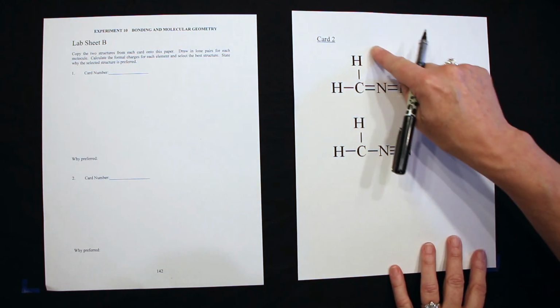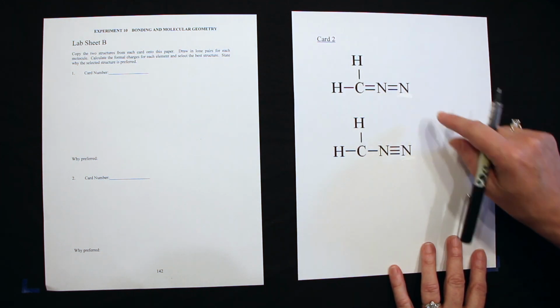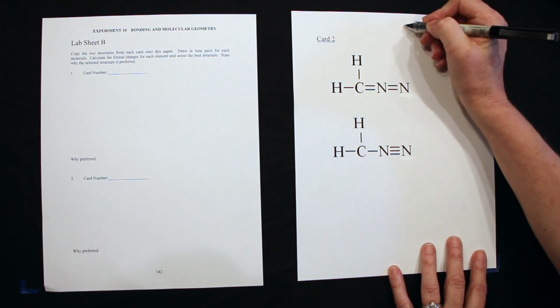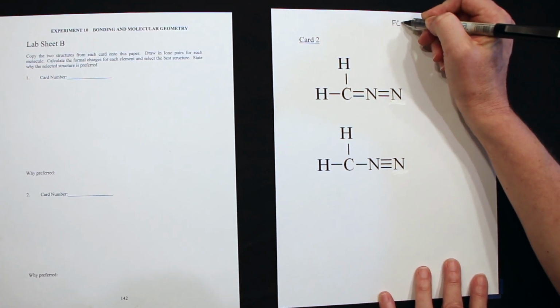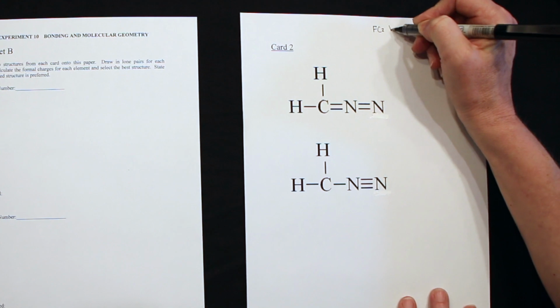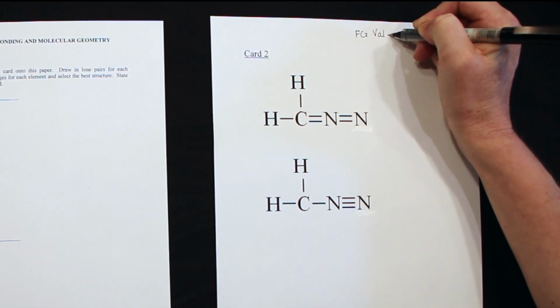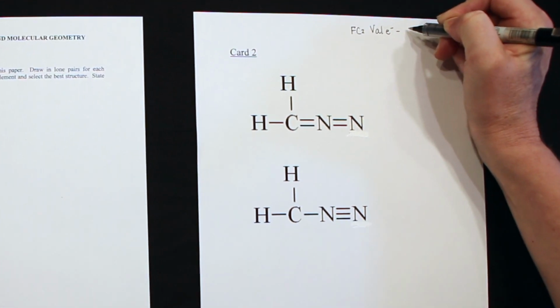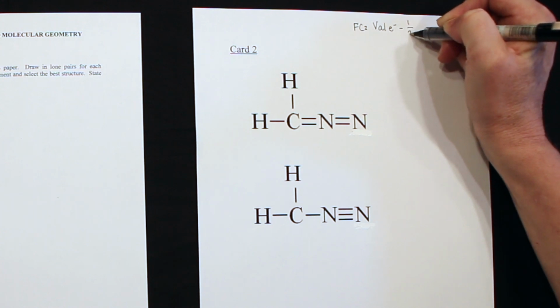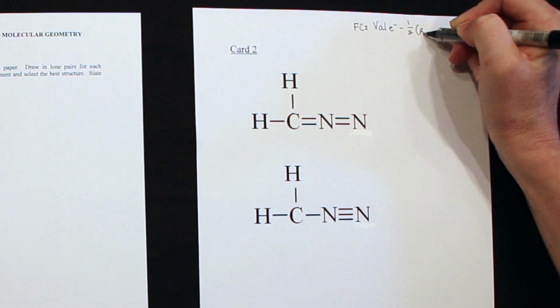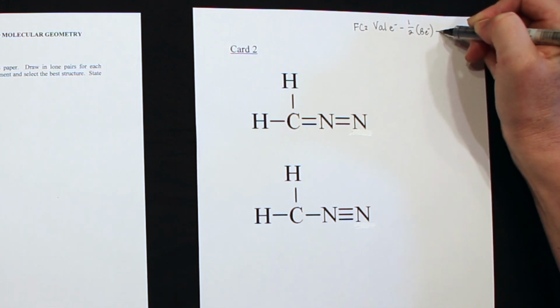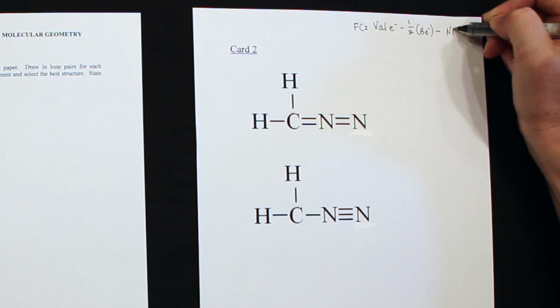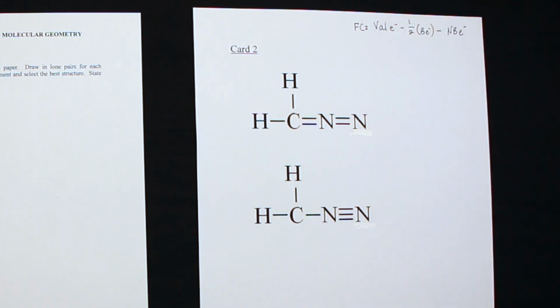I'm just going to go over with the top one how to calculate formal charge. Formal charge is equal to your valence electrons minus half of your bonding electrons minus your non-bonding electrons.